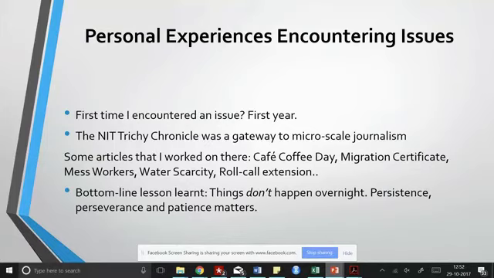So this was a very naive stage in my life where I didn't know how to exactly approach a solution. But I think the best way I was able to learn was through the NIT Trichy Chronicle. This was an organization which was started in 2013 by an alumnus called Srinivas Reddy.